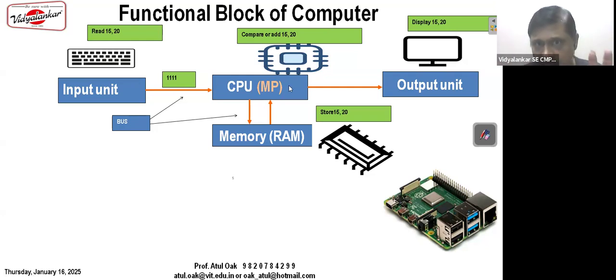And if you see very carefully, you will find one more observation. This microprocessor is communicating to every other device. See, this microprocessor is communicating to keyboard. This microprocessor is communicating to the output device. This microprocessor is communicating to memory. That's why it is called central processing unit.